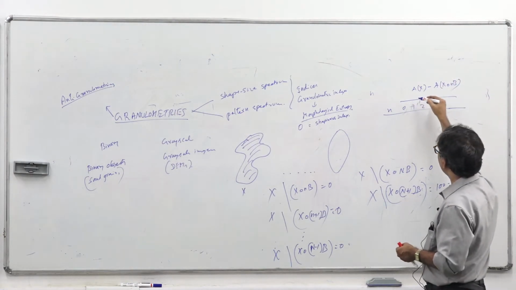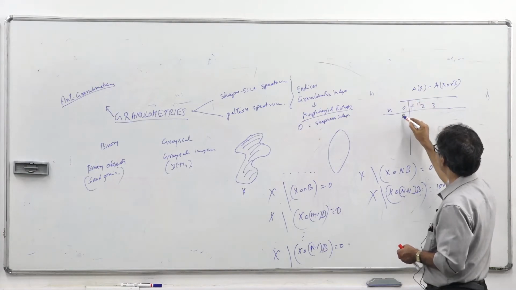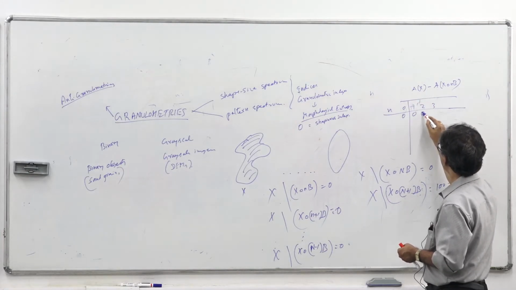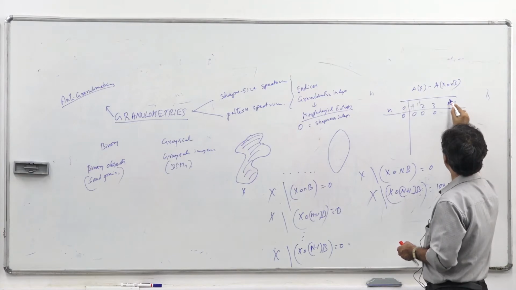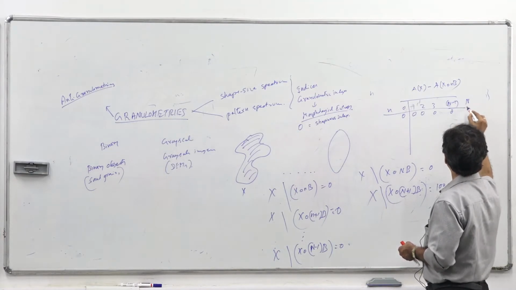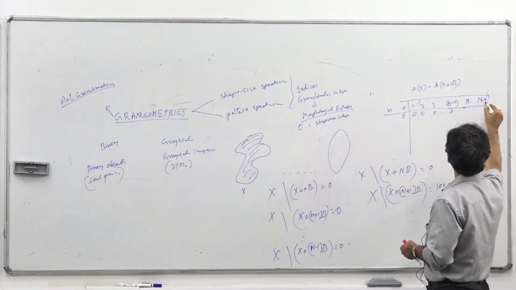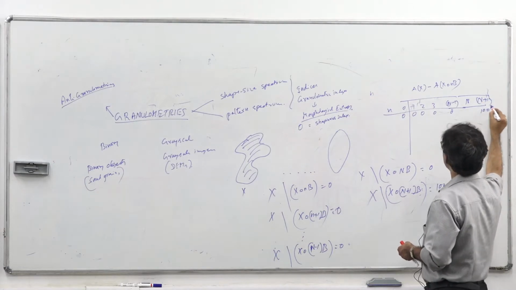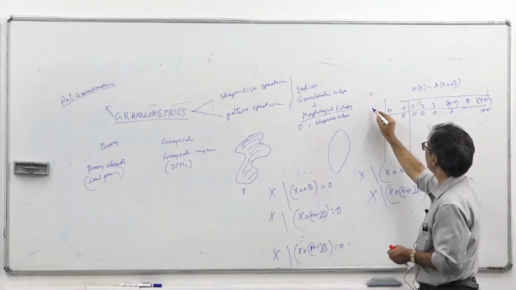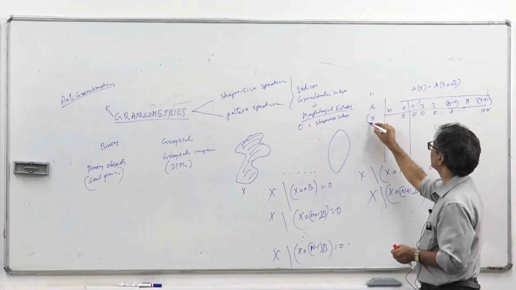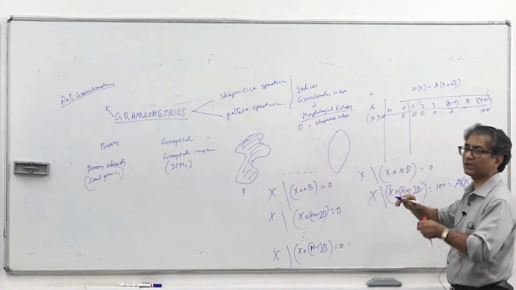At the 0th level, the value is 0. Here it is 0. N minus 1 it is 0. At nth level it is 0. At n plus 1th level, the total area that you got is equivalent to the area of X, that is also 100. You lost everything at 1.